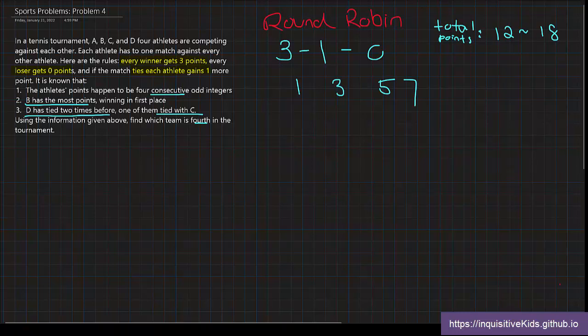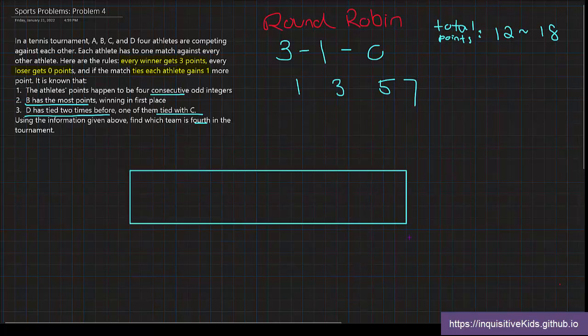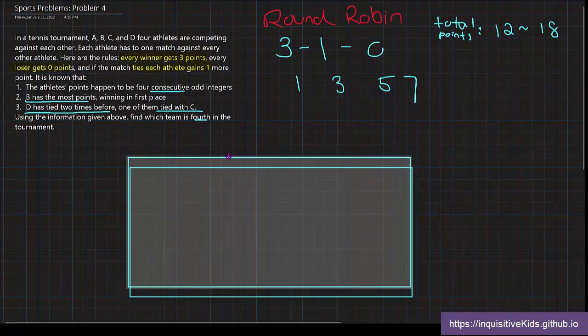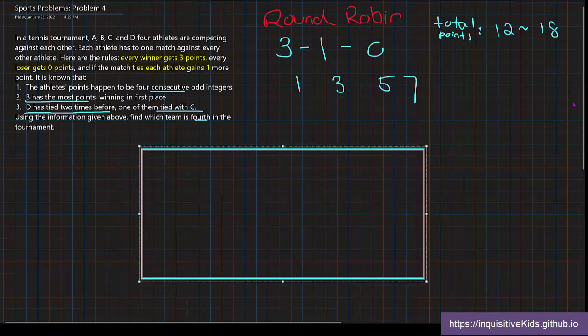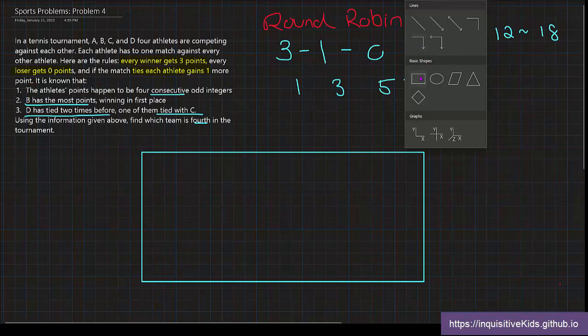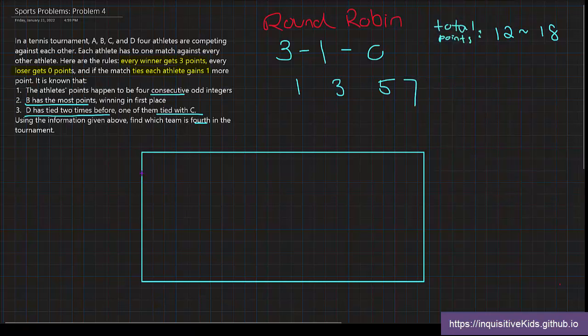So now I am going to be making a table right here. If you haven't watched the past series on logic problems, one of the ways we learned to find and determine things was just making a table, and we were able to figure some things out.